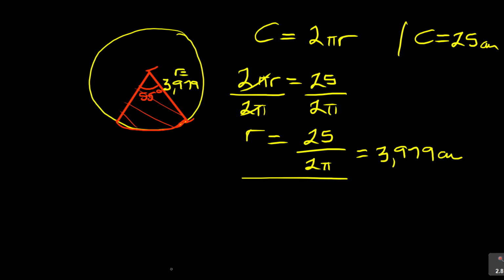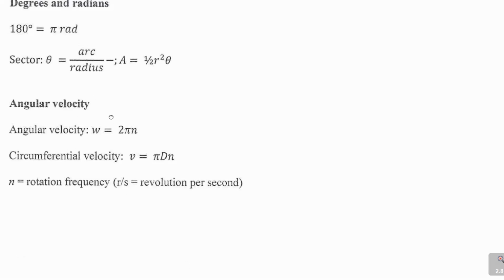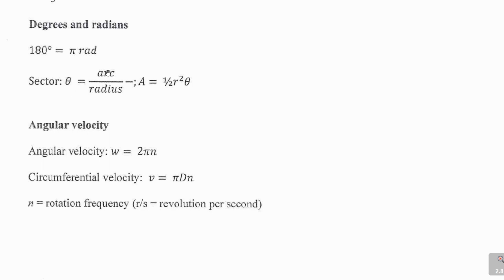Now, there is a formula for the sector of a circle. If you go to these formulas about the sector of a circle, sector, arc over radius, we have area is 1 over 2 r squared theta.